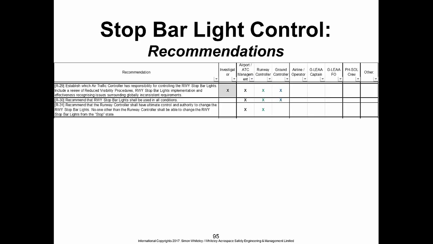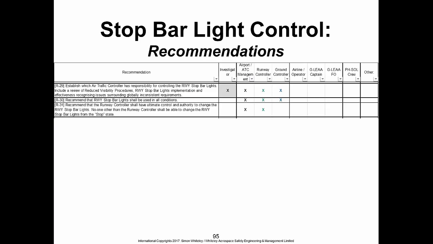So these are the 3 recommendations associated with stop bar lighting, and I'll show you the control structure in a second. First, establish which air traffic controller has responsibility for controlling the runway stop bar lights. Include a review of the reduced visibility procedures, the runway stop bar lights implementation, the actual physical thing, and effectiveness, recognising issues surrounding globally inconsistent requirements for airports and the lighting.